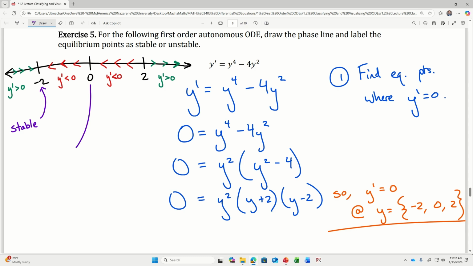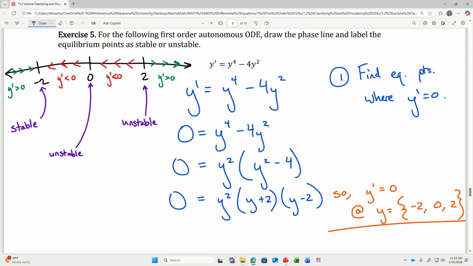What about this equilibrium point at y equals 0? Is that stable or unstable? Unstable. Because I can find some points like negative 0.001 that are close in the neighborhood of that point, but they're moving away. So we call it unstable. And then this equilibrium point, is that stable or unstable? Unstable. For the same reason.